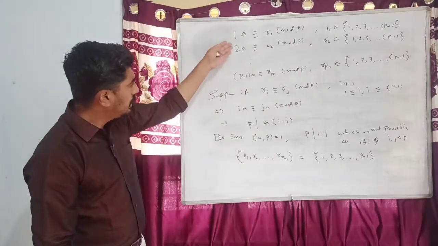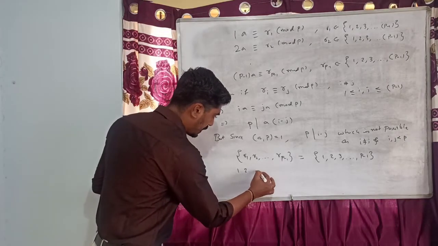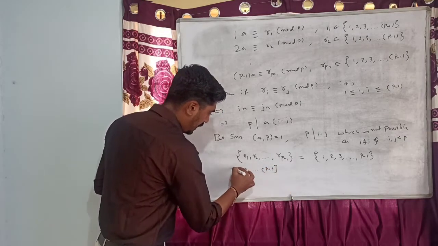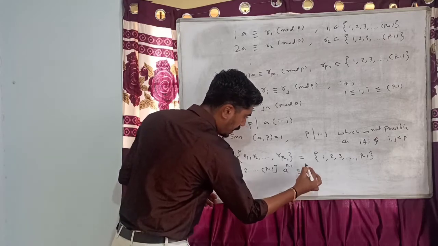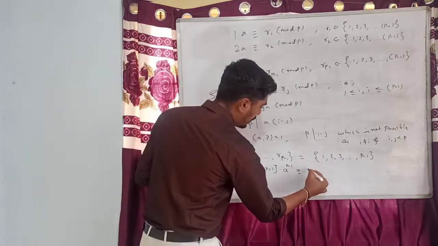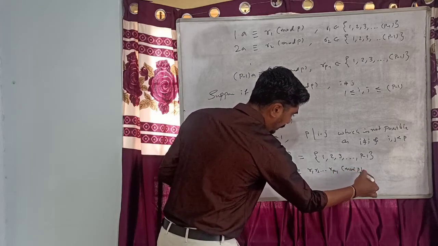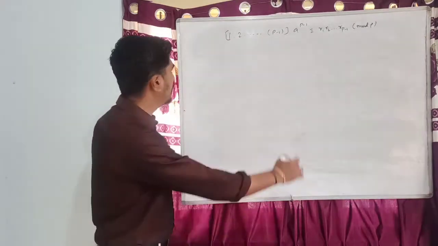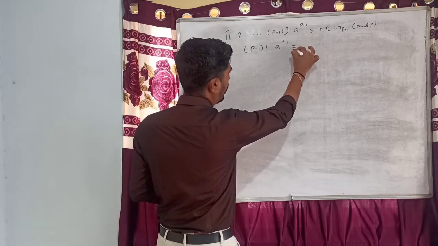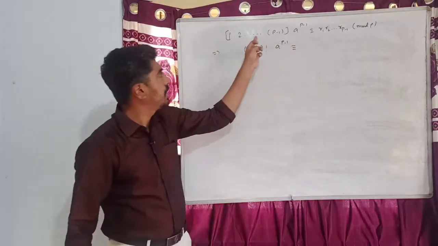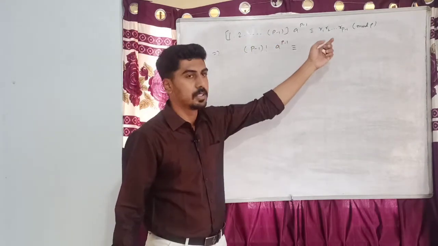Now when I multiply all these congruences, I get 1 into 2 up to P minus 1, into a, P minus 1 times, so I get a to the power P minus 1 congruent to R1, R2 up to R(p minus 1) modulo P. When I multiply this, I get P minus 1 factorial into a to the power of P minus 1 congruent to this product, which is the same as this product, because the set 1, 2, 3 up to P minus 1 is the same as the set R1, R2 up to R(p minus 1).